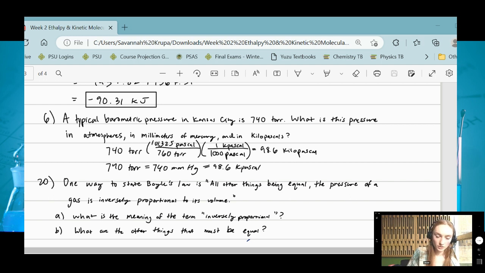Let's convert it into millimeters of mercury. We have 740 torr, and for torr to millimeters of mercury, it's a 1-to-1 ratio, so we'll also have 740 millimeters of Hg.